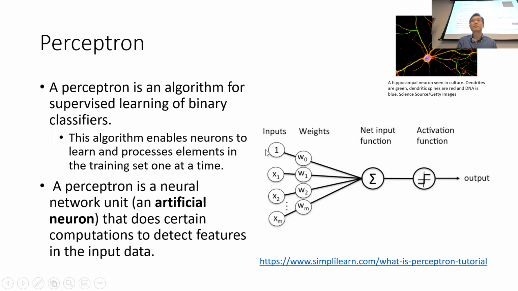The inputs are numbers. We can consider this as a vector. So you can have a 1×4 vector here, and each number in the vector is a piece of input signal into that neuron.